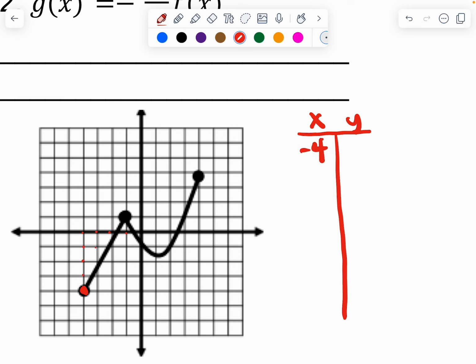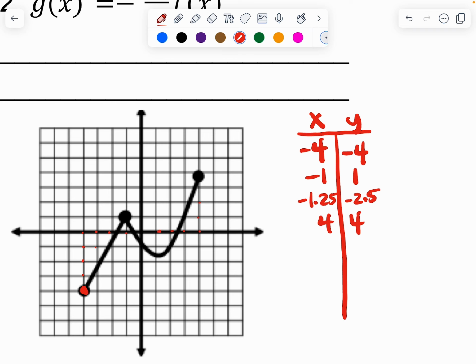This point is -1, 1. Then this is -1.25. And we go down -2.5. And then last but not least, up 1, 2, 3, 4, 4.